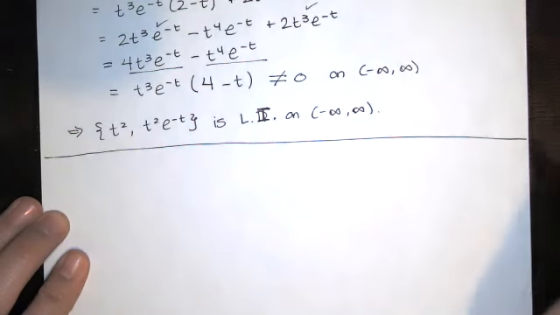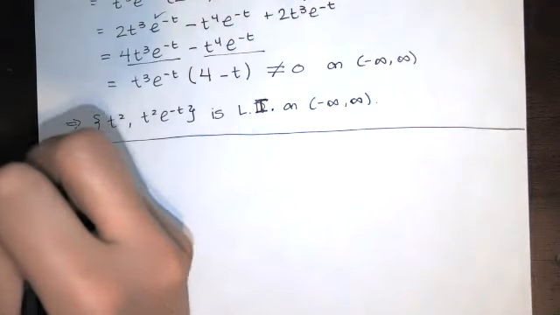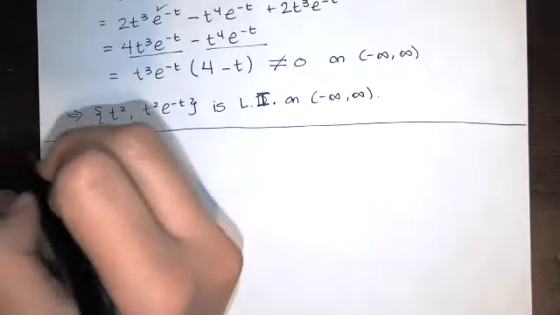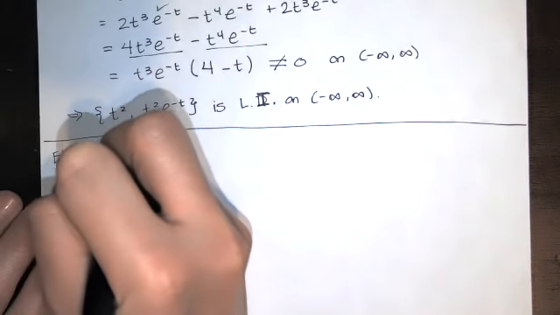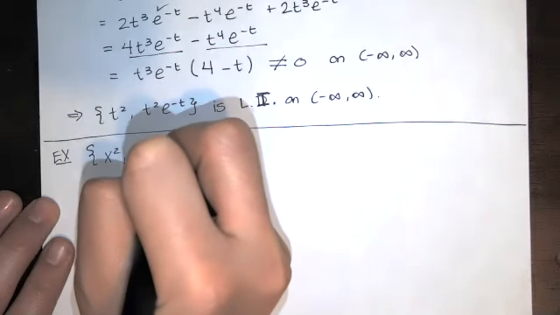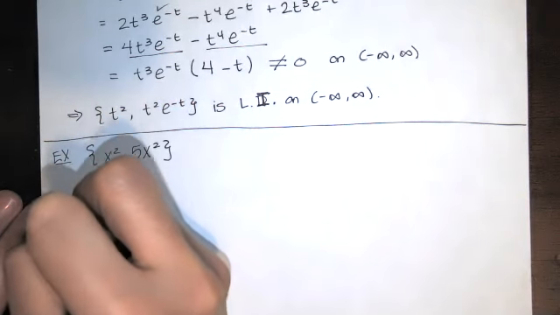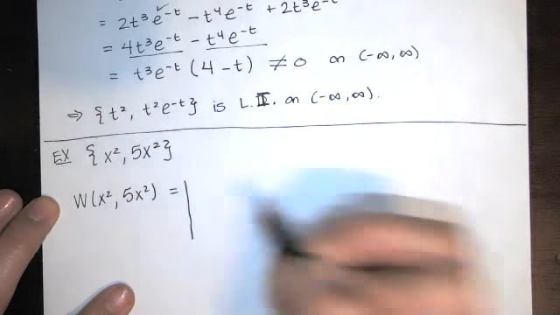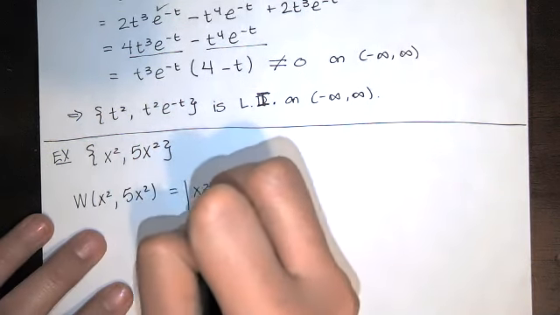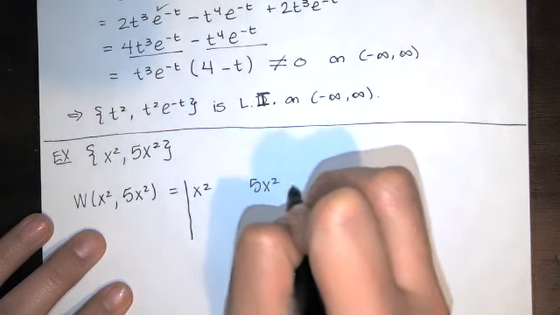Now let's do one where we know the answer is that they're linearly dependent, and then prove that the Wronskian is going to give us a 0. So let's say you've got that x squared and 5x squared, just to do a really simple example. The Wronskian of x squared and 5x squared comes from computing the determinant of this 2 by 2 matrix.